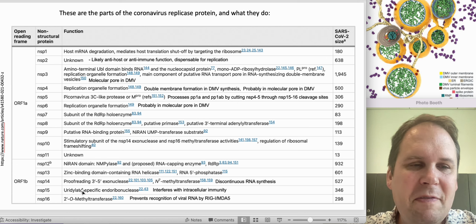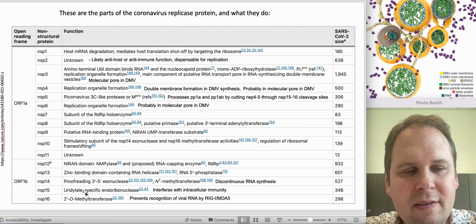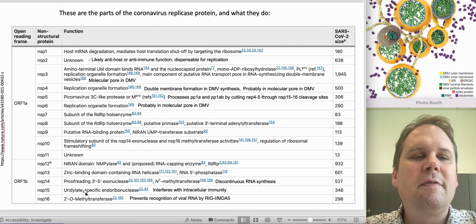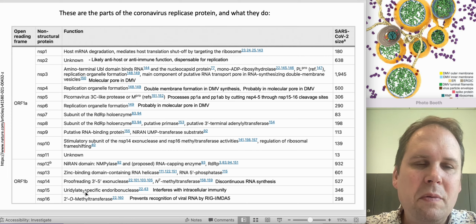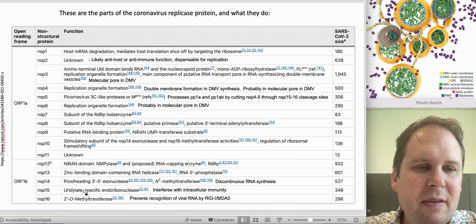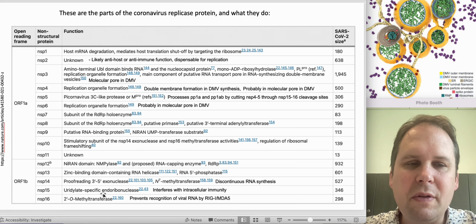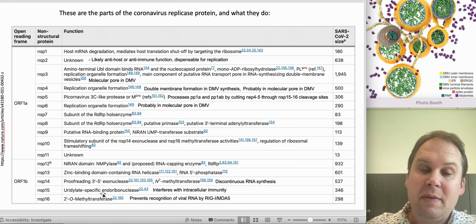Then NSP15 is something we find in coronaviruses of vertebrate animals: mammals, birds, snakes, reptiles, fish, sharks, stuff like that. They all seem to have it, and it's an endonuclease, it cuts RNA on the inside.